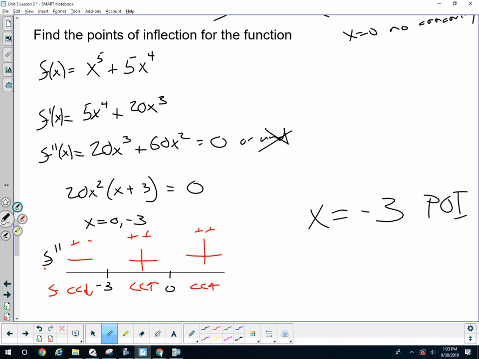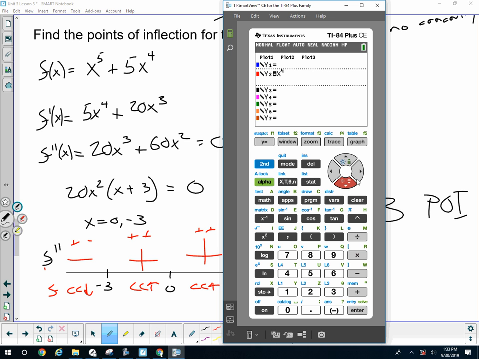Okay, and let's just go ahead and look at that so we can see that x to the 4th situation for x to the 5th plus 5x to the 4th. Well, you can see at 0, it's the same thing as what we saw.